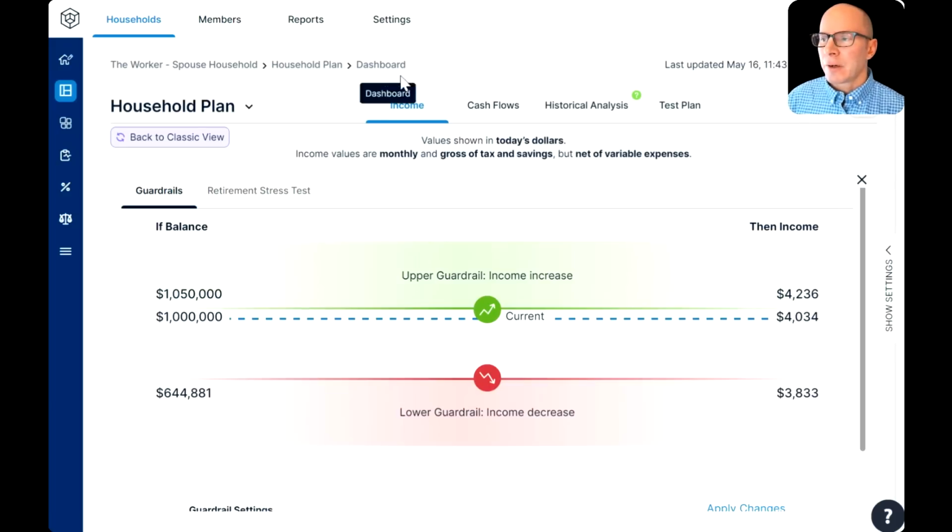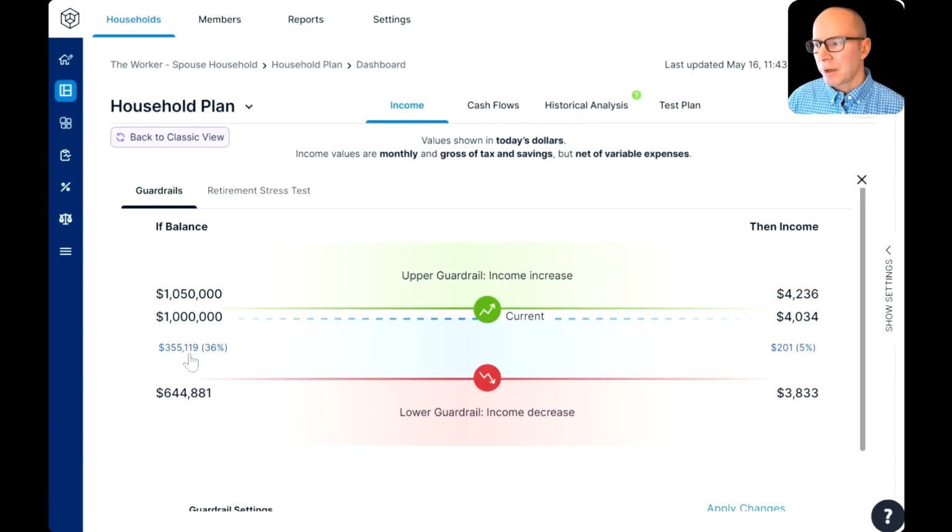This is a different version of guardrails, more risk-based guardrails, and this is going to say, let's say you have $1 million when you retire, or today at least. This can be updated, and you'd be looking at, maybe you have $1 million, you're going to withdraw $4,034 per month. But if the account goes down to about $644,000, again, this is telling you how much you need to watch for.